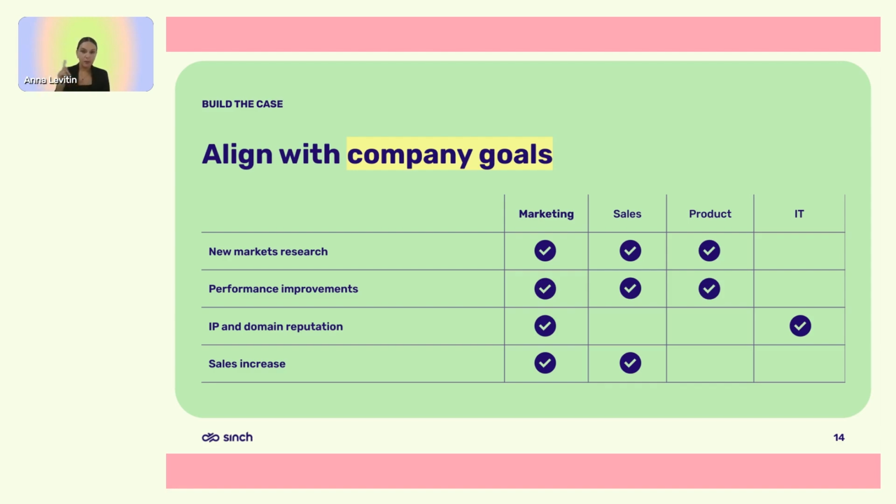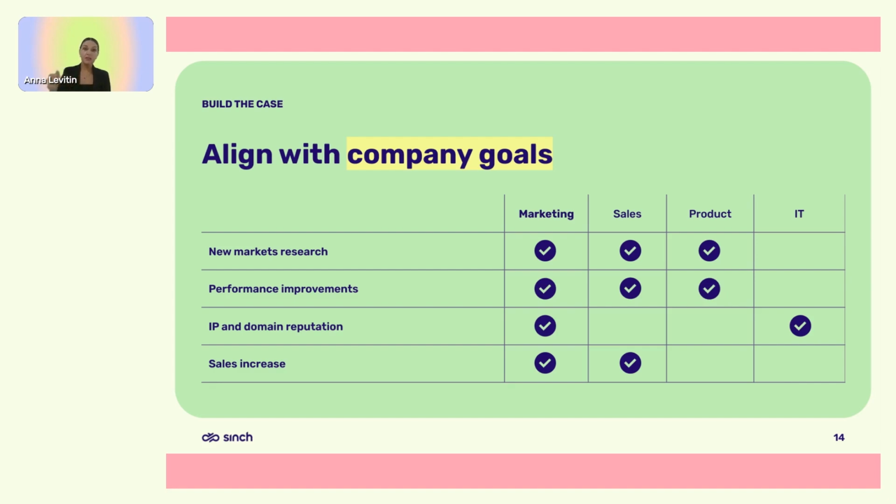Performance improvements. Again, remember that we talked about how 56% of users would prefer content in their language rather than receive a lower price. So we can talk about performance, which eventually will lead to sales, that will lead to product adoption, and reduce negative metrics like unsubscribes and so on and so forth.